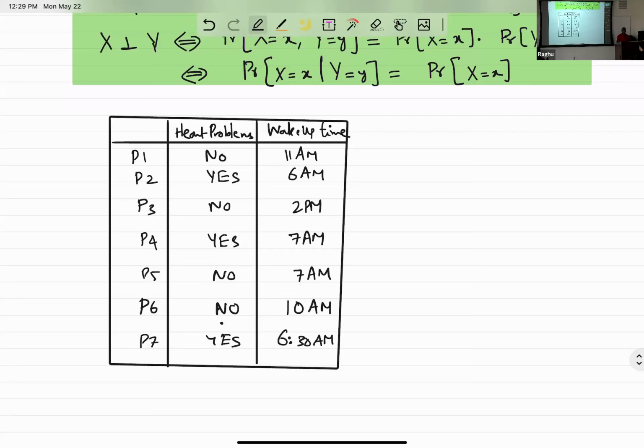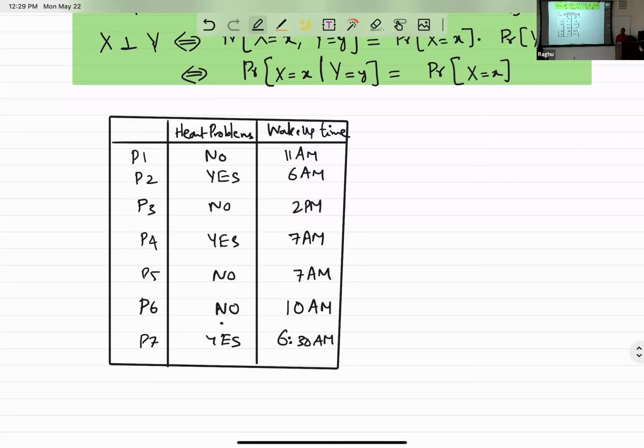So if you look at this data, what conclusions would you draw? Yes, but can you say that somehow waking up early and heart problems are connected to each other? Well, what do you think?